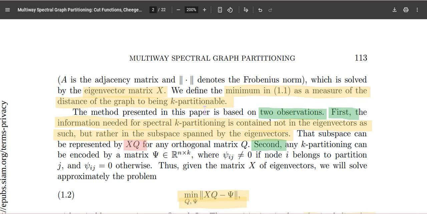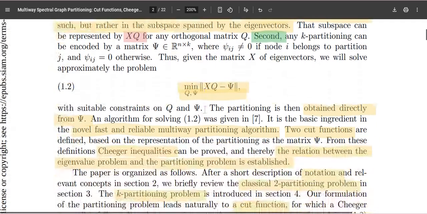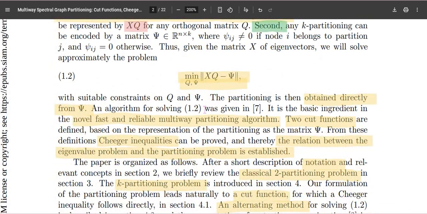The second idea is to formulate an n cross k matrix, where each row has only one non-zero value, in the particular kth column belonging to the particular partition. So Sij will be non-zero only for one particular value, and other ij values will be 0. This can be formulated as a minimization problem like 1.2, which will come in a later part of the sections.